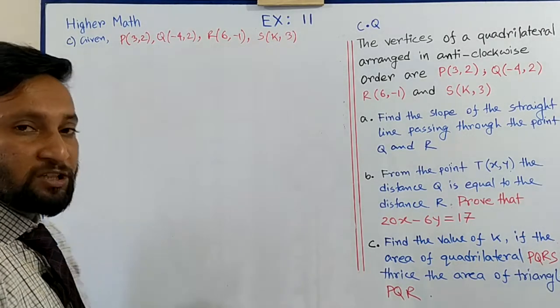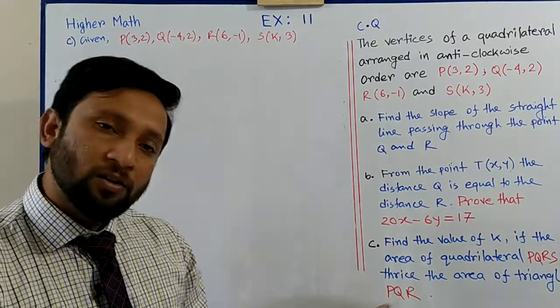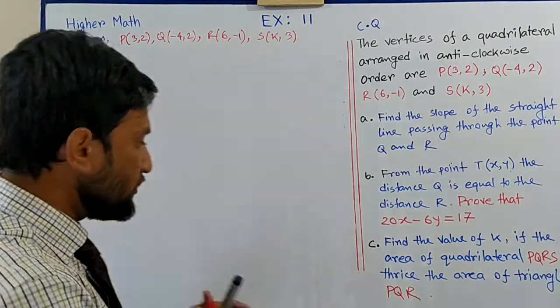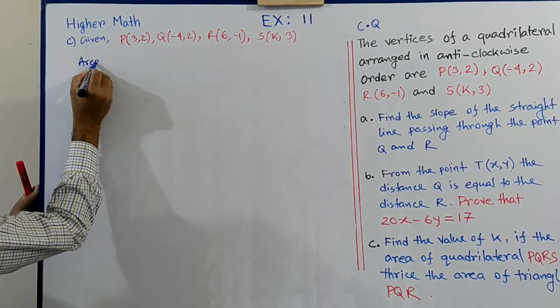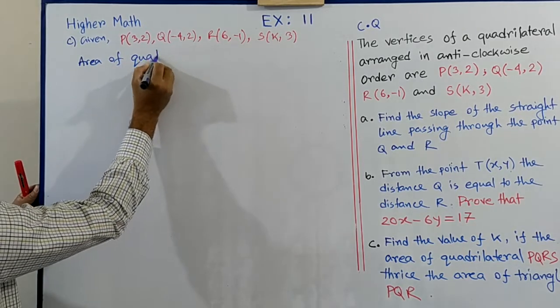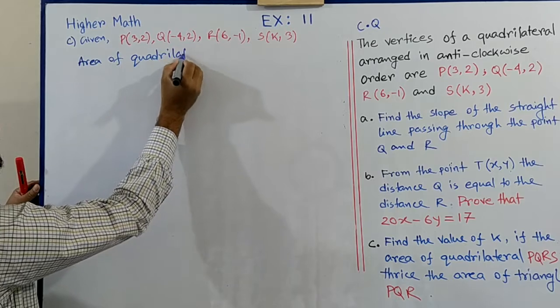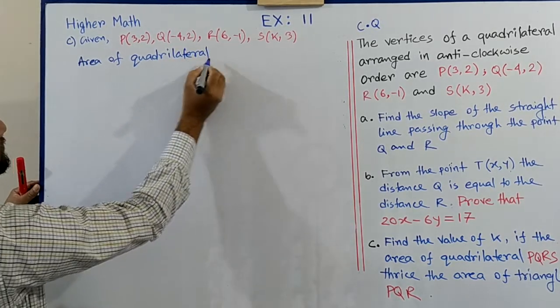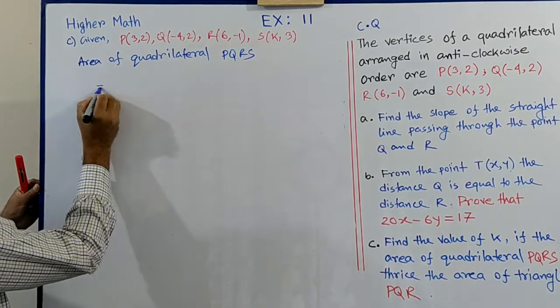Now at first we have to identify the area of quadrilateral PQRS and the area of triangle PQR. Okay, now first, the area of quadrilateral PQRS. We already know the solution process.